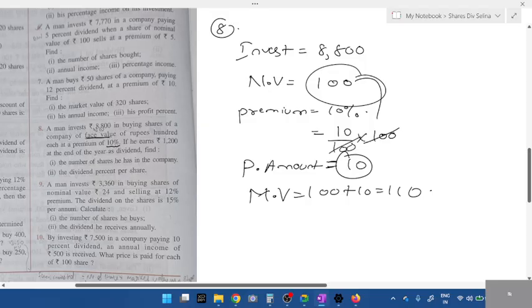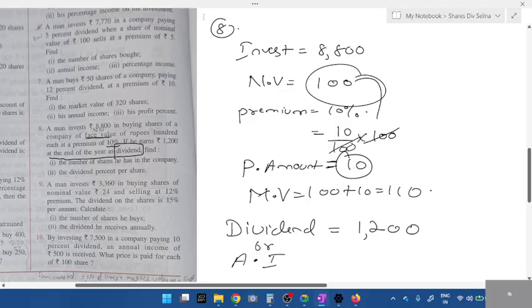If he earns rupees 1002 as dividend. Dividend is how much? 1002. What do we also call dividend as? Annual income. So don't get confused. It's the same. Some questions give annual income and some give it as dividend.